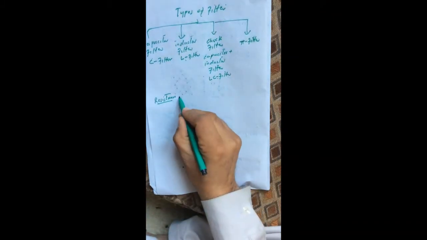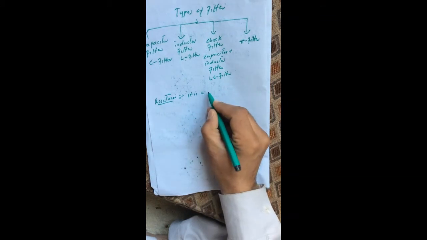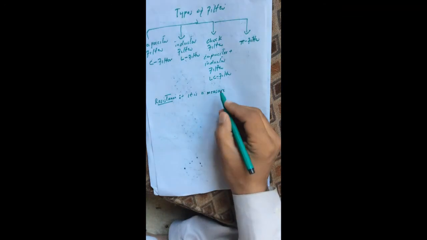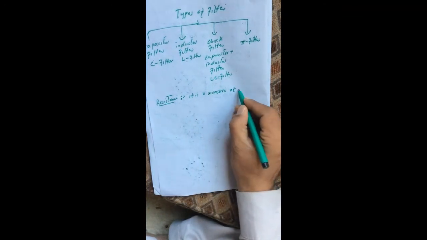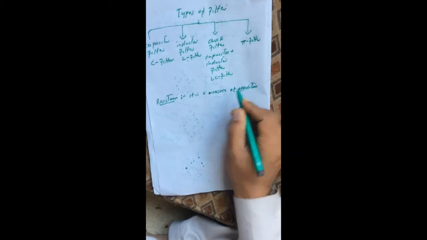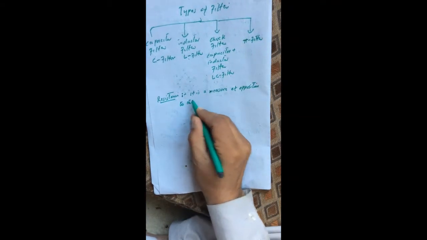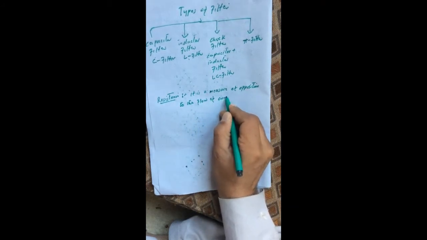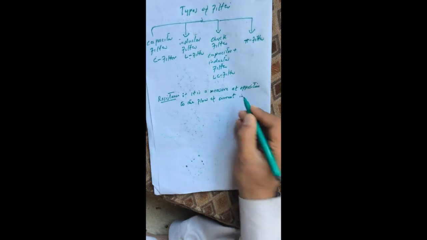We can define it like this. It is a measure of opposition to the flow of current in an electrical circuit.